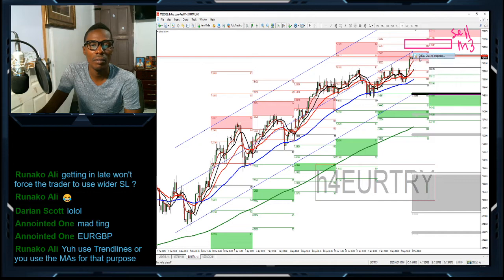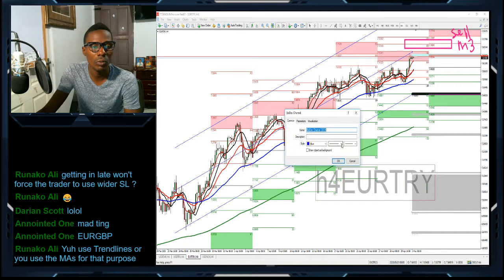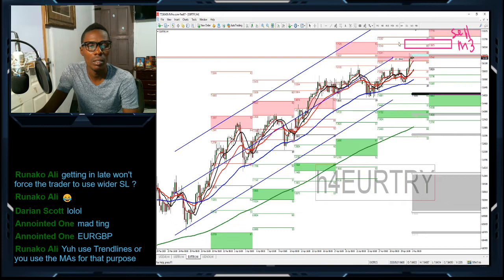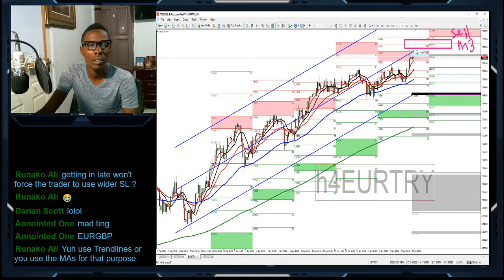Let's see if I can make the lines a little bigger so you guys can see it. I like to use this line, standard deviation, right? So the middle one is the mean.